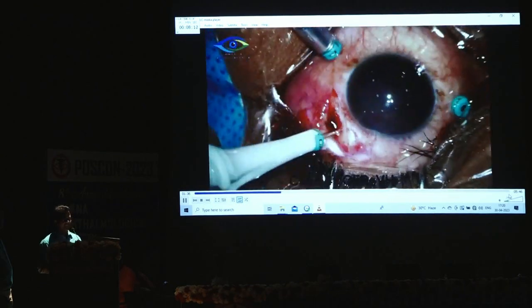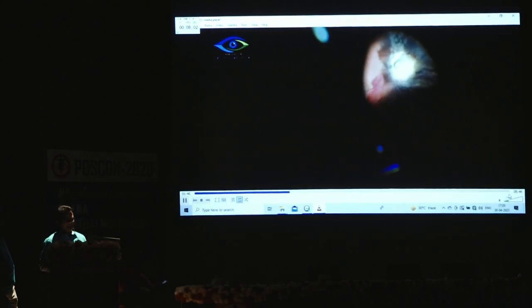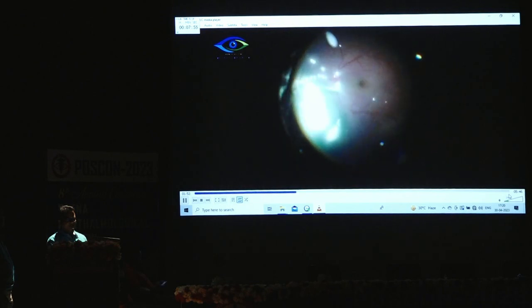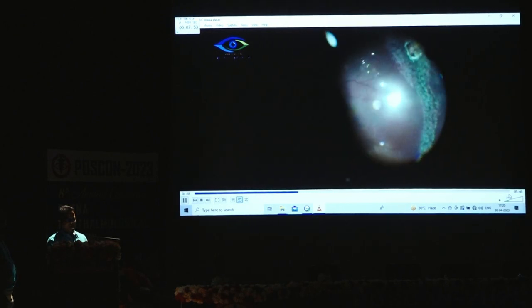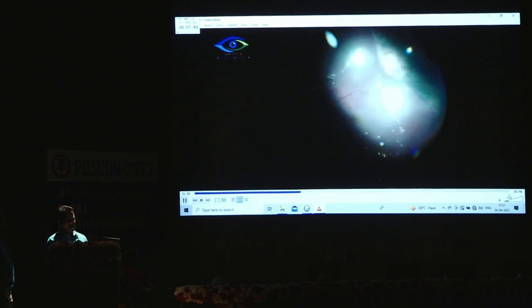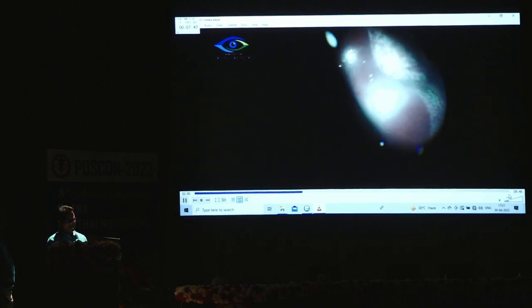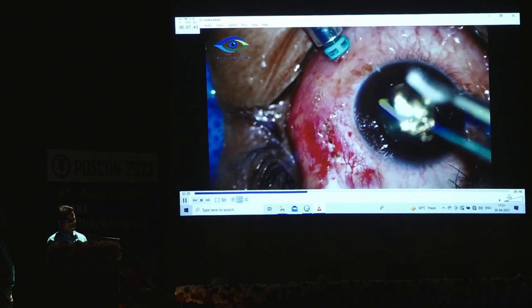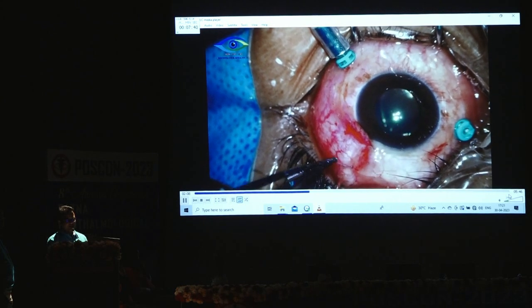This is the fourth case, intraocular foreign body with vitreous hemorrhage. The vitreous hemorrhage was cleared with vitrectomy. The intraocular foreign body was removed with a magnet again, and the surrounding area was lasered. Port sites were sutured with 8-0 Vicryl.